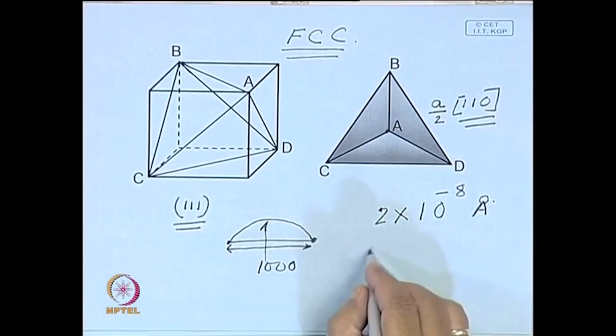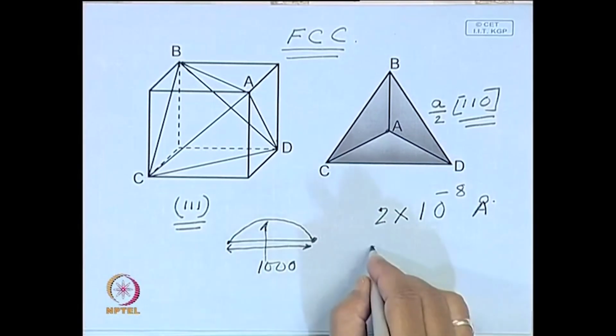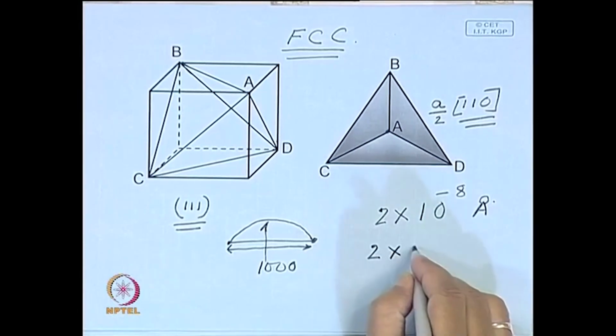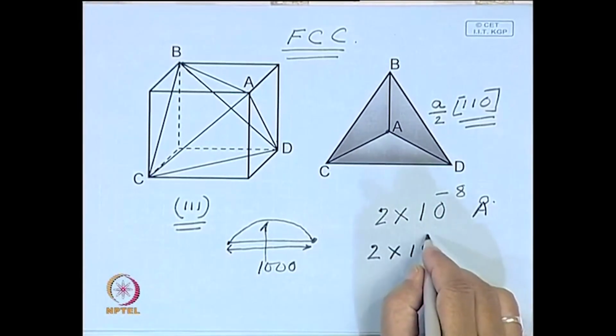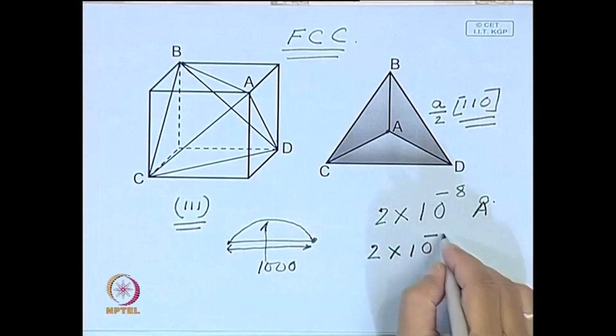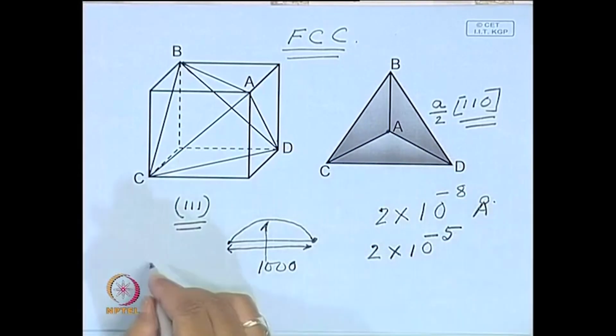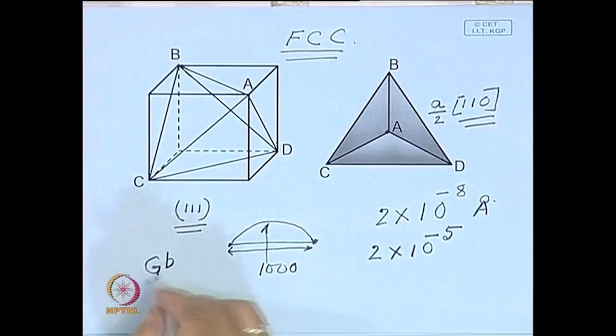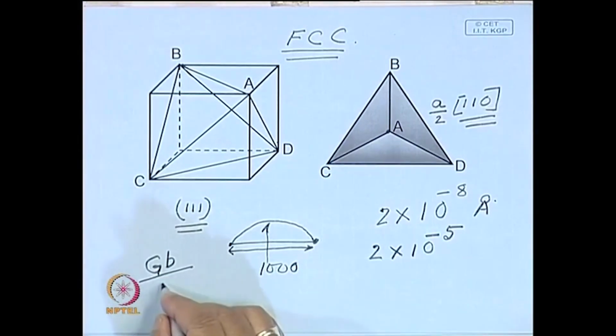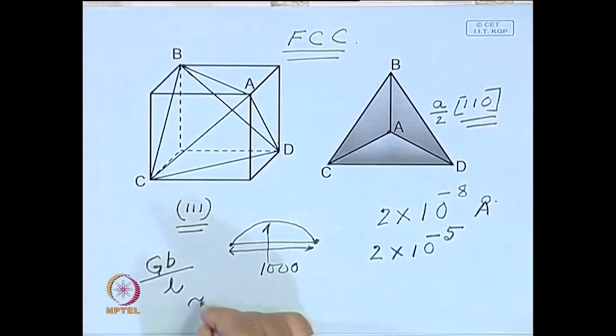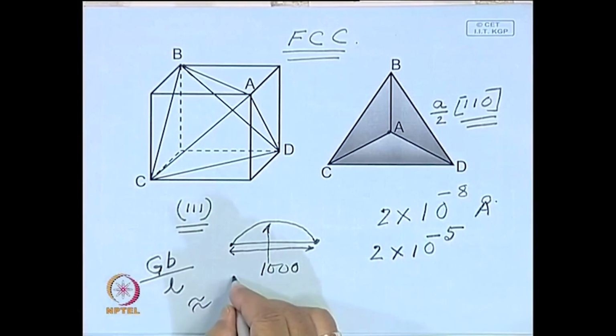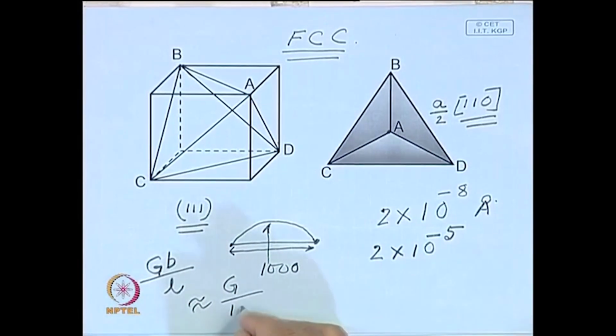So, in that case, this is 2 into 10 to the power minus 5, so G b over L is of the order of G over 1000.